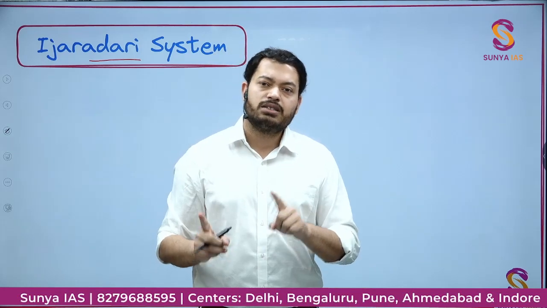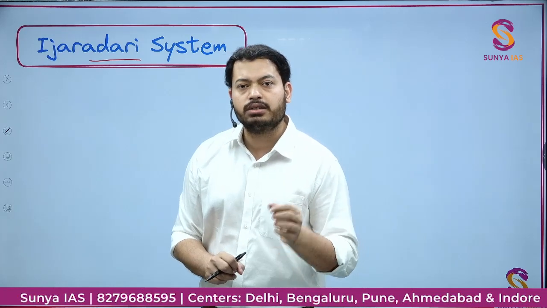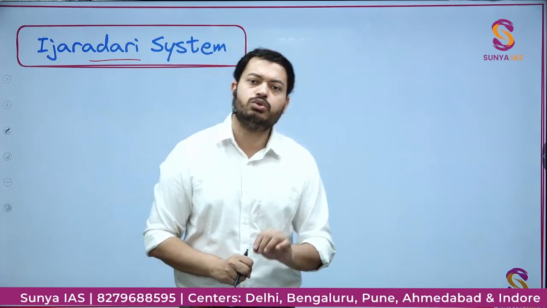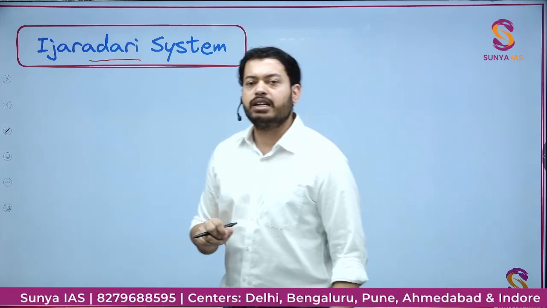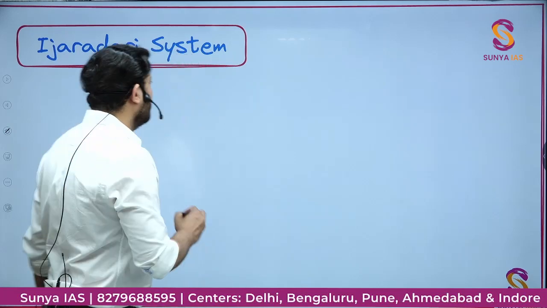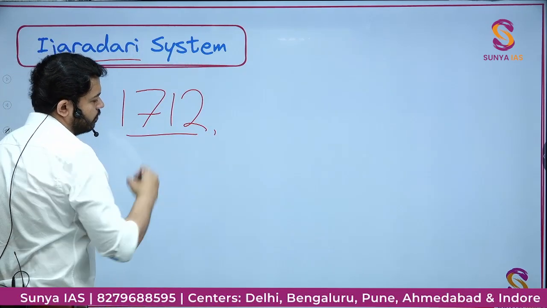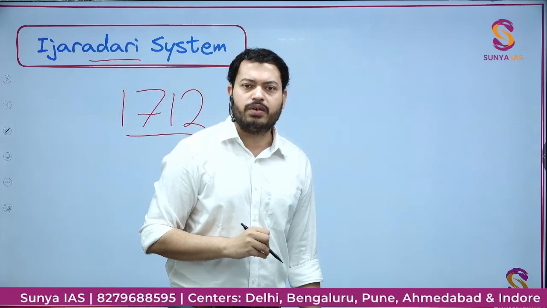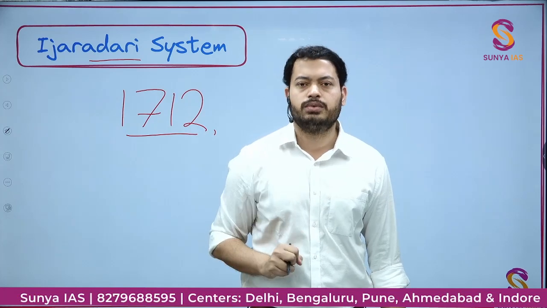So the Izaredari system was in the text code from the 16th century itself, but it was never used before the 18th century. It was in 1712 when Jahandar Shah came to power after the demise of Bahadur Shah first.